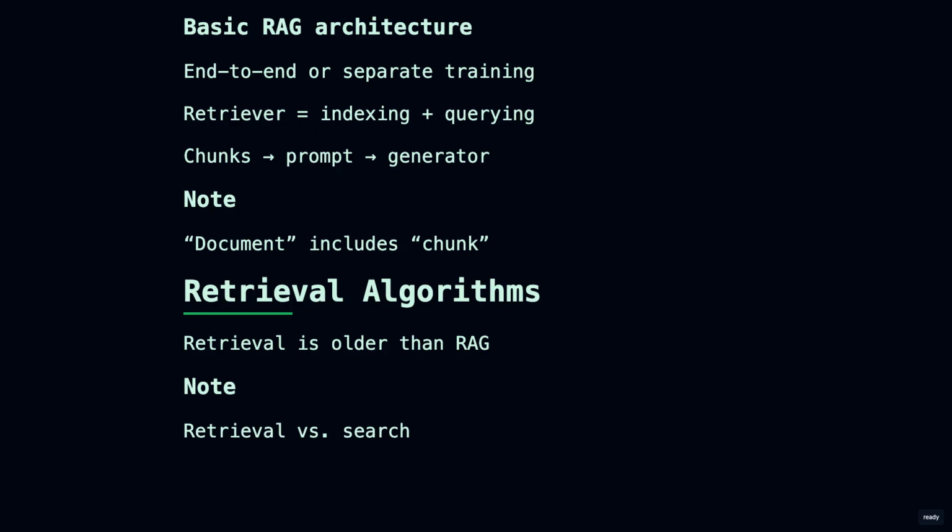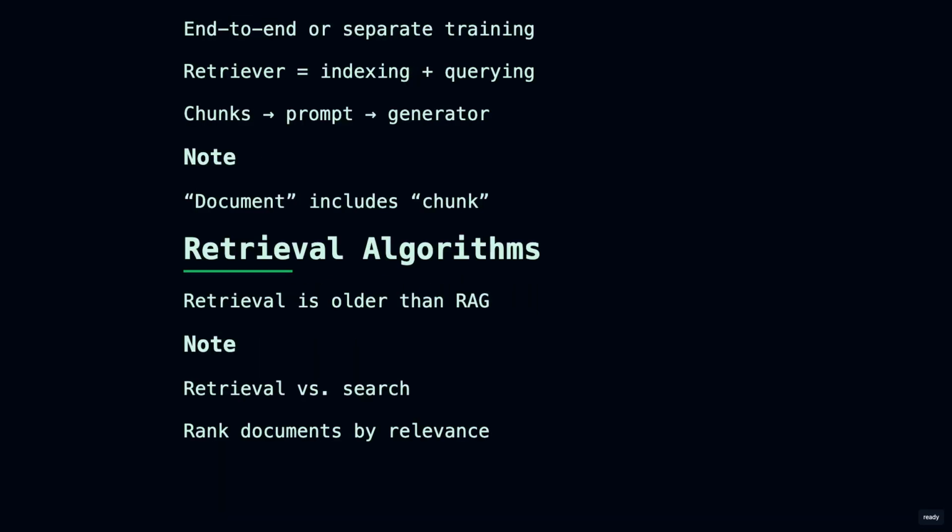The important part is that we are looking for relevant items from a collection of stored information. At the core, retrieval assigns a relevance score to each document for a given query, then sorts by that score. The algorithms differ in how they compute relevance, and we'll start with term-based methods and then move to embedding-based methods.